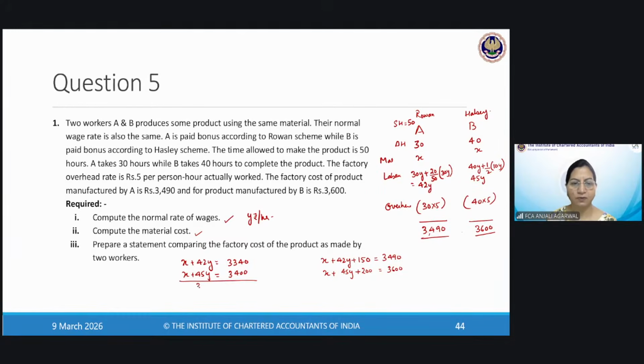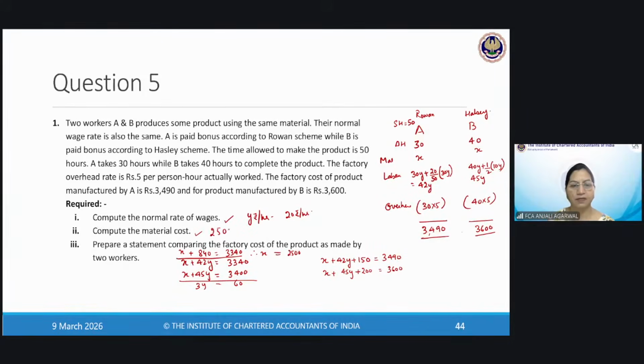Subtract the two. 3Y is equal to 60. Y is equal to 20 rupee per hour. And similarly, you will calculate for X. So this becomes 840. Therefore, X is equal to 25.